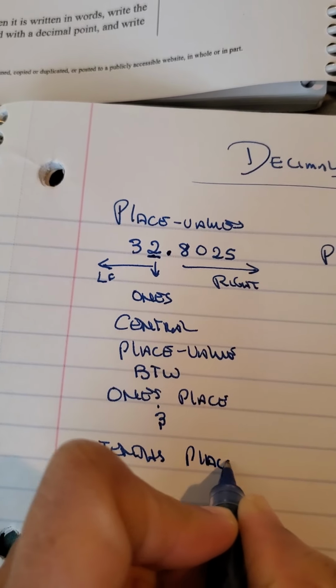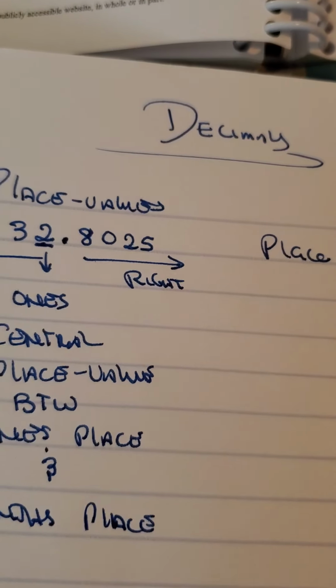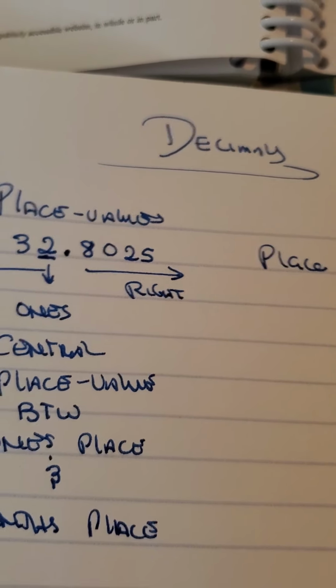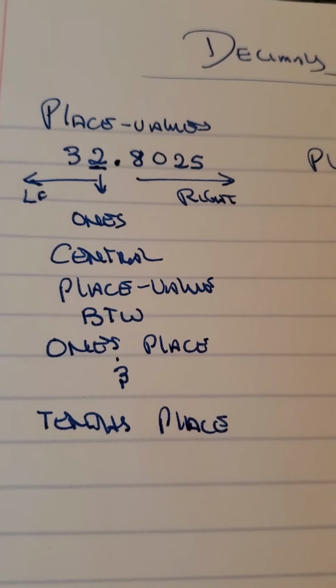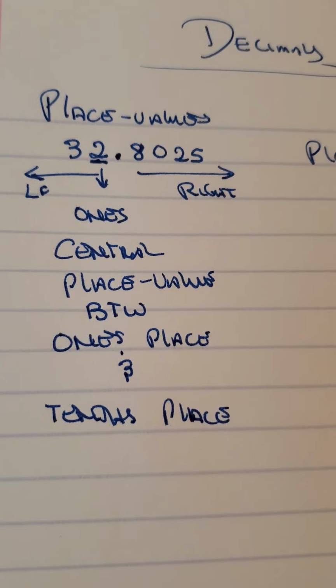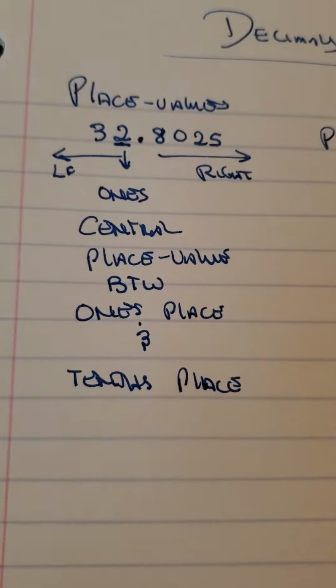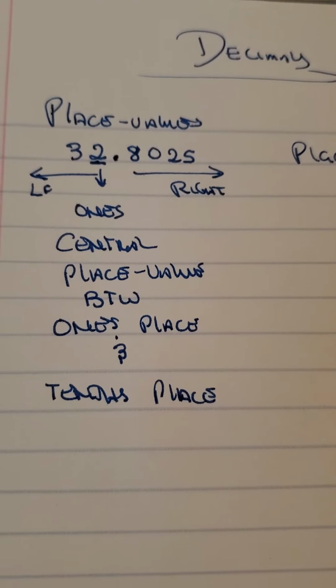Your book doesn't give you much example. As a matter of fact, I don't think I saw any questions that asked you to identify the place value, but they are going to ask you to round. And if you don't know place values, then you can't round. So I'm going ahead here and offering you the opportunity to identify place value.